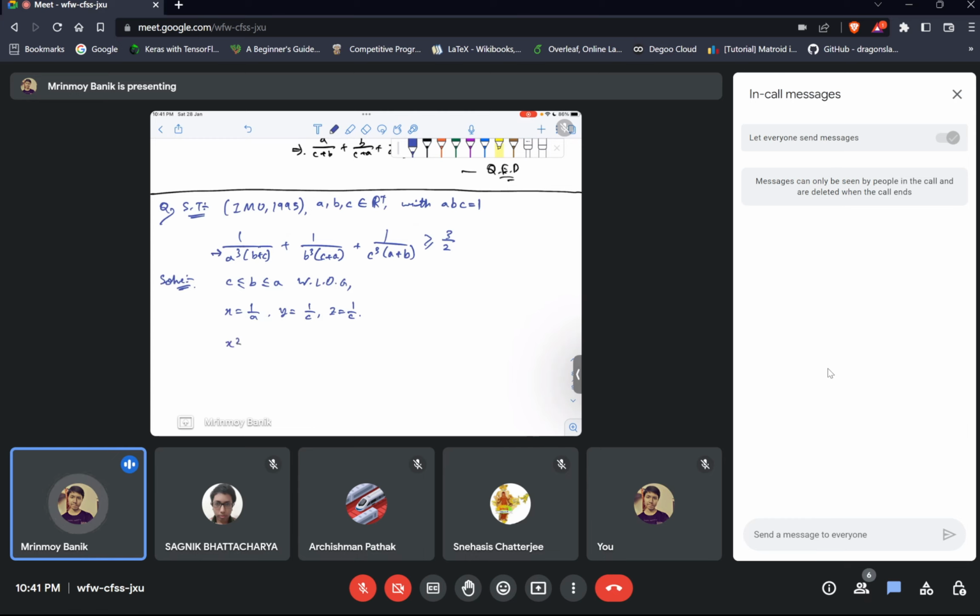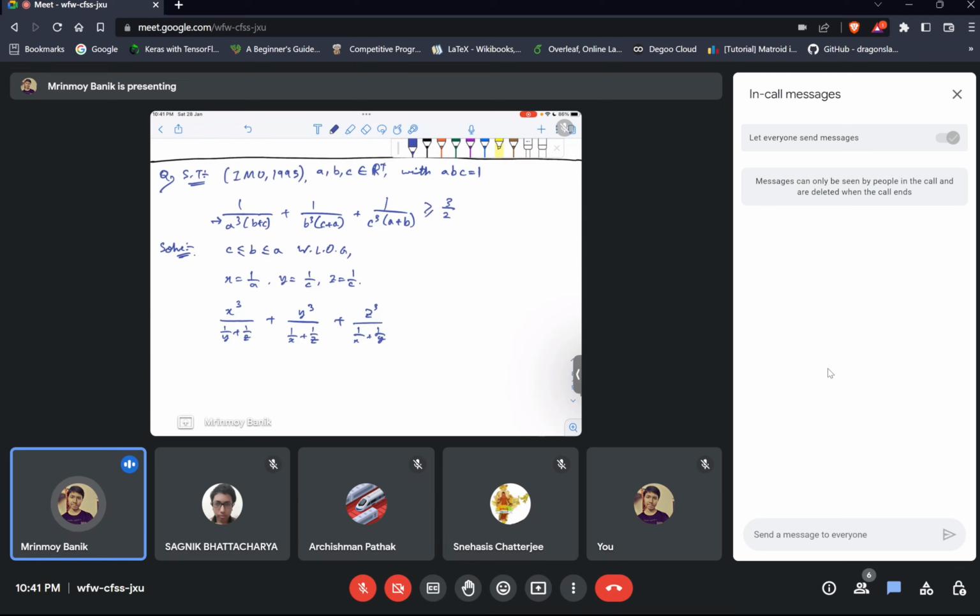So that means we have x squared by 1 by y plus 1 by z, plus y squared by 1 by x plus 1 by z, plus z squared by, sorry, not squared, cubed. And you know abc is equal to 1. So that means xyz is also equal to 1.